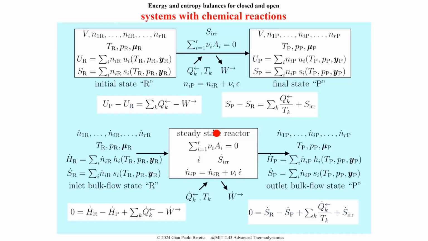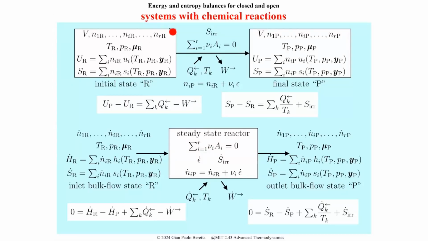So these are the two main situations that we will approach at the beginning here. It's two kinds of systems in which we have chemical reactions. One is a closed system, and the other is an open system. So this is a model for a batch process, and this is a model for a steady-state flow process, or flow reactor.